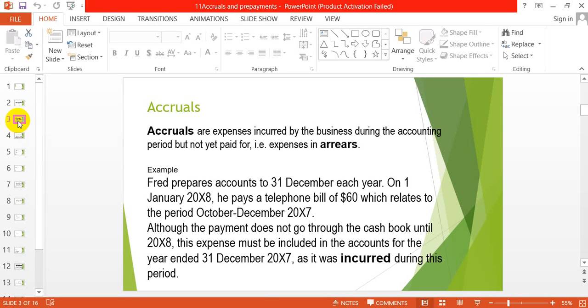Although the payment does not go through the cash book until X8, considering that the payment was made in January and was for a period covering X7, the expense must be included in the accounts for the year ended 31st December X7, since it was incurred in this period.